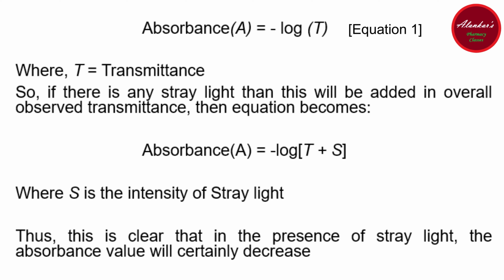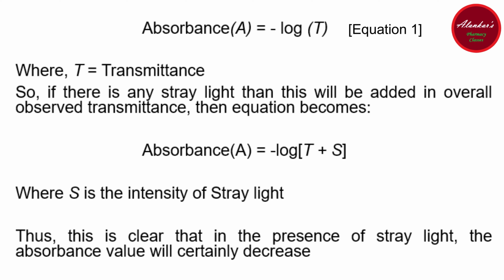As we know, absorbance is equal to the negative of the logarithm of transmittance, where T is the transmittance. Now in the presence of any stray light, this will be added to the overall observed transmittance, and in that case the equation becomes absorbance equals negative logarithm of T plus S, where S is the intensity of the stray light reaching the detector.